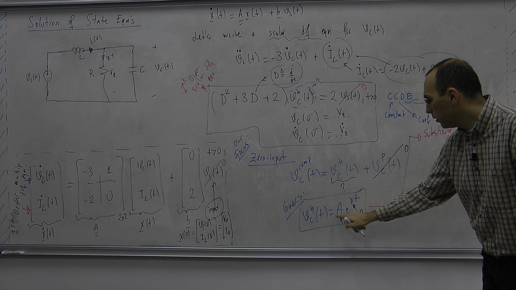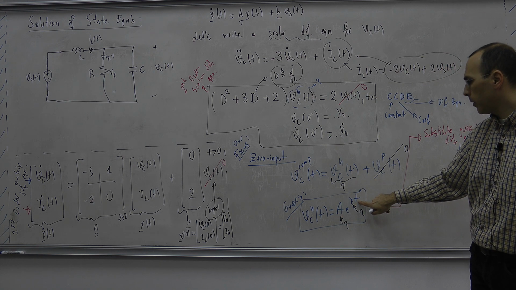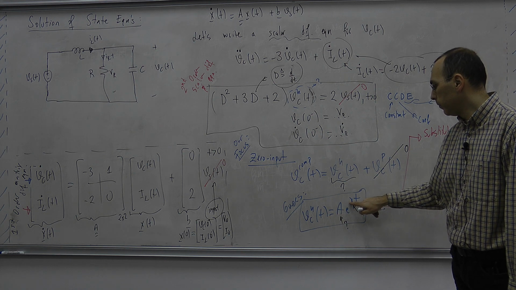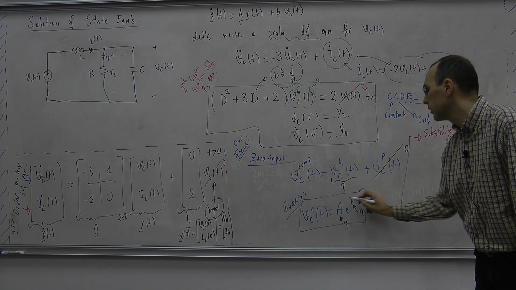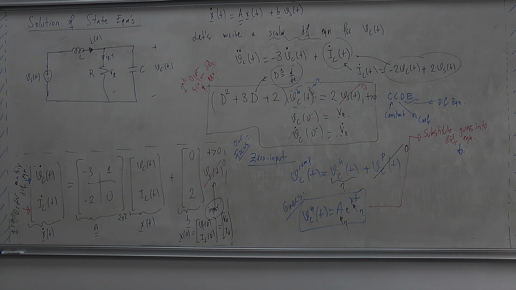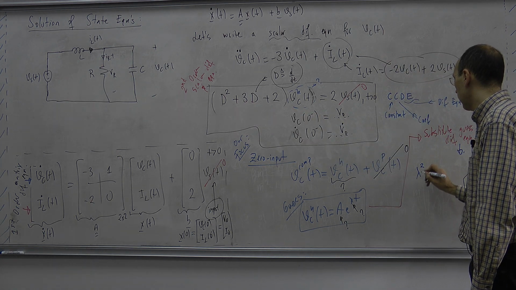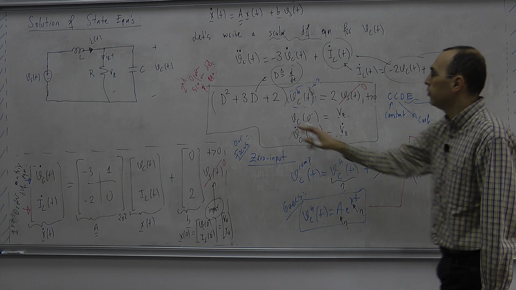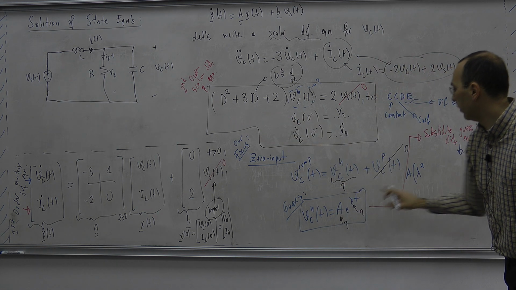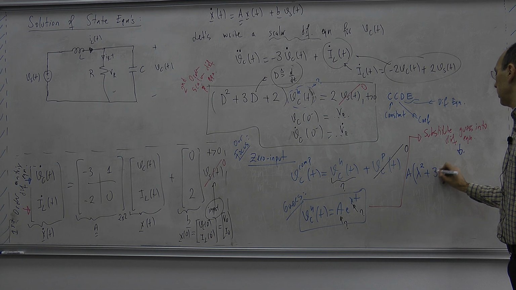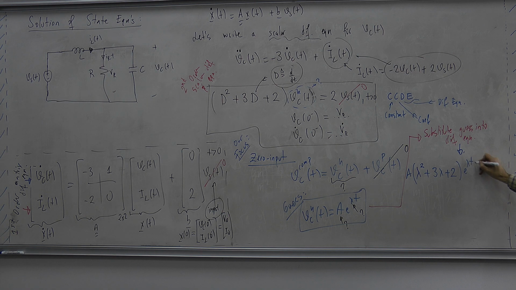Every time that I take the derivative of this, since it's an exponential function, if you differentiate with respect to time, t is the variable, then you're only scaling this function by lambda. Essentially, this coefficient is scaled by this unknown lambda. So then you have the following. If you take the second derivative, lambda comes in front 2 times, so I have A times lambda squared plus 3 lambda plus 2, and I have e to the lambda t.